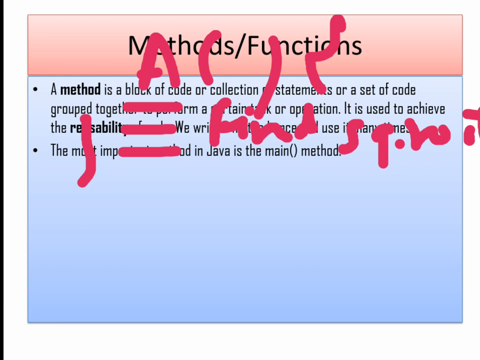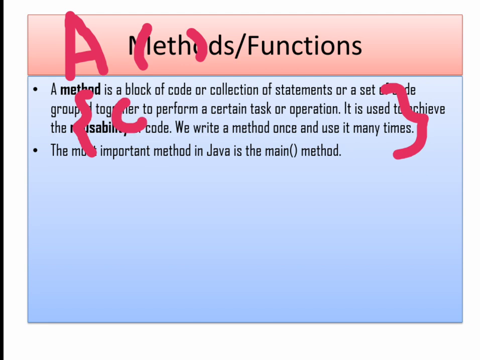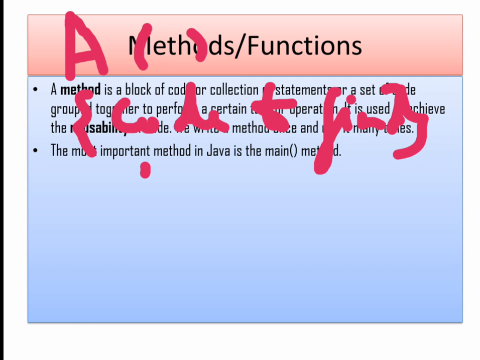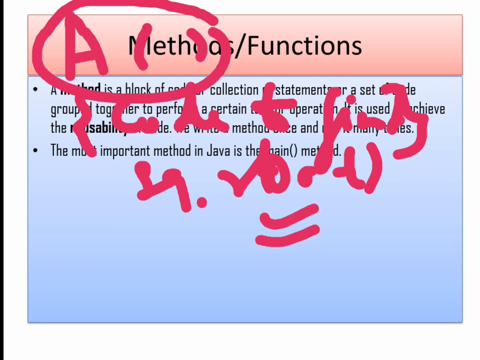A is a method in which there is code to find the square root of anything. Whatever value is given to this function, the square root of that value will be found.